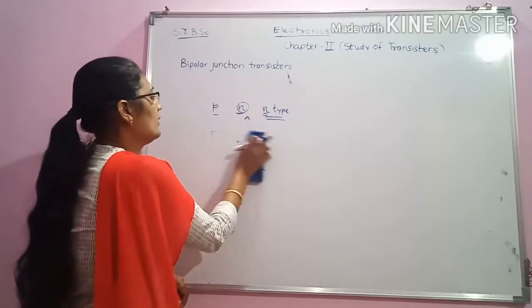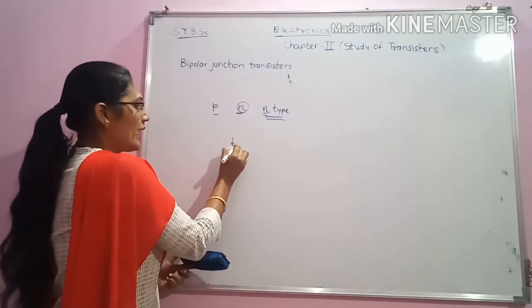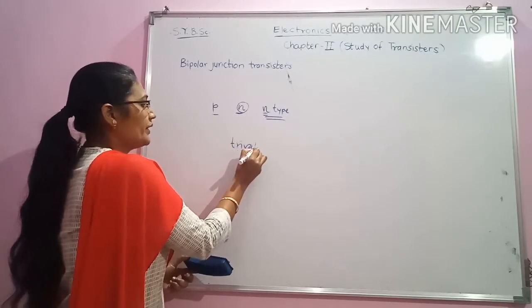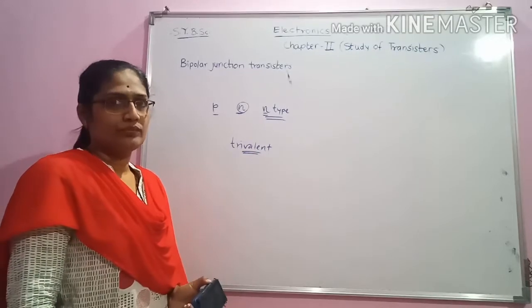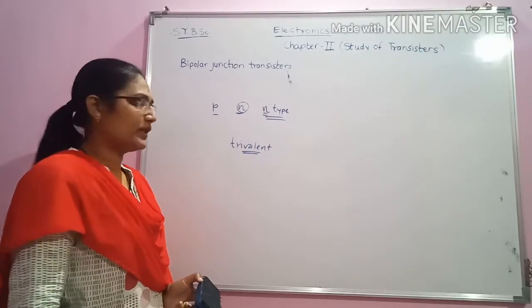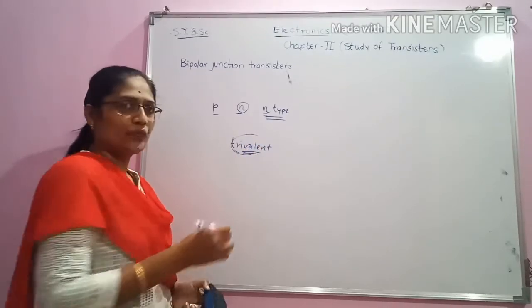And when we add a trivalent impurity to a pure germanium or silicon crystal, what will happen?